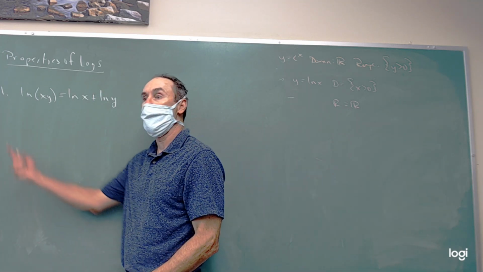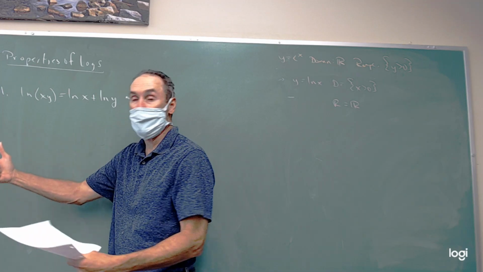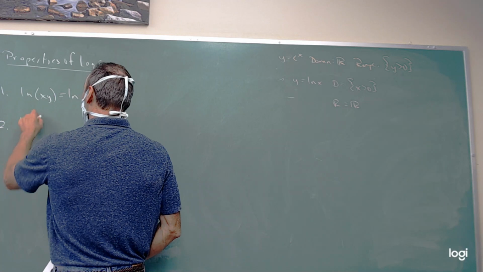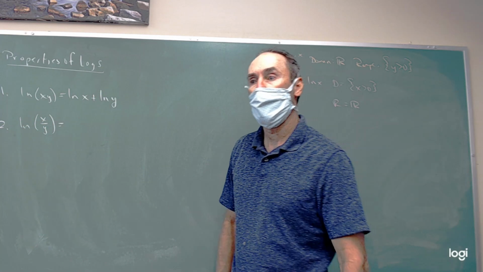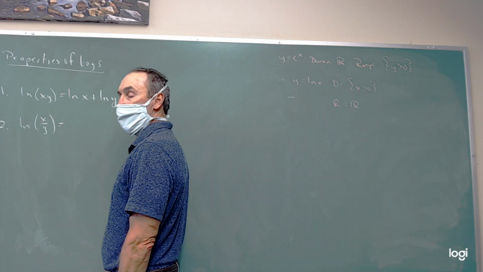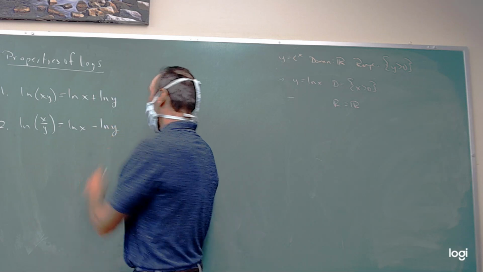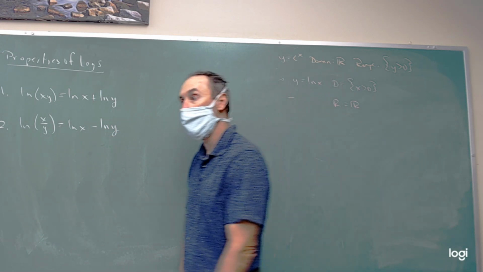So we call going from left to right expansion, and going from right to left condensing that into a single logarithm. So the natural log of x divided by y is going to be a subtraction, natural log x minus natural log y. And again, we go right to left or left to right either way.